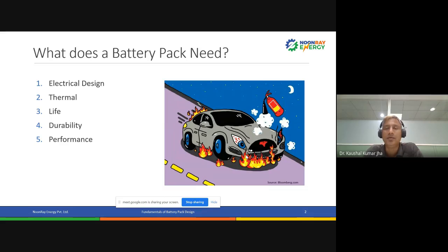That means you have to worry about the packaging issue, where to get that space. If performance improves, you can utilize slightly less space and get more energy.